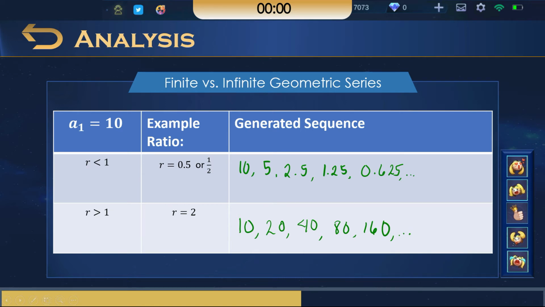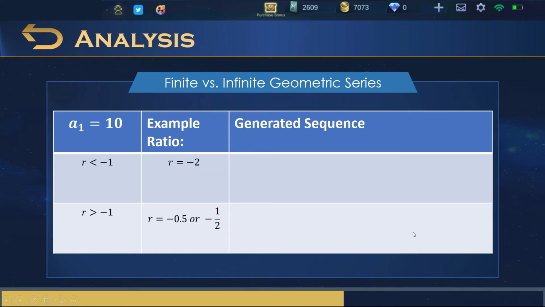As you observe, if the common ratio is less than 1, the generated sequence is decreasing. And if the common ratio is greater than 1, the generated sequence is increasing.